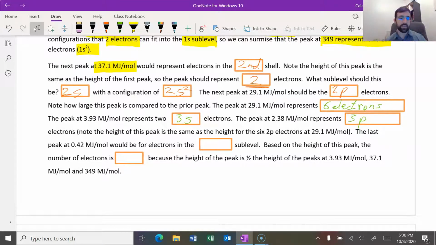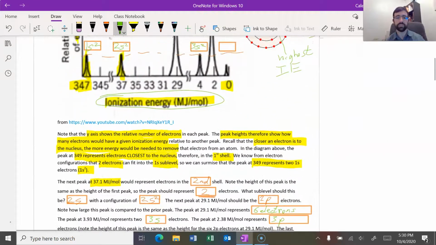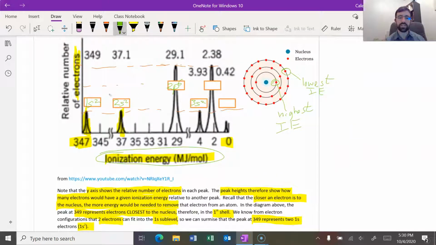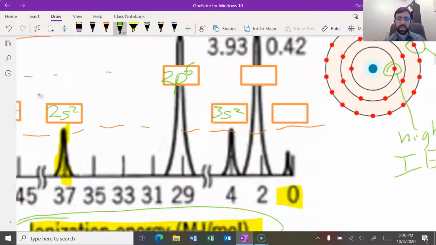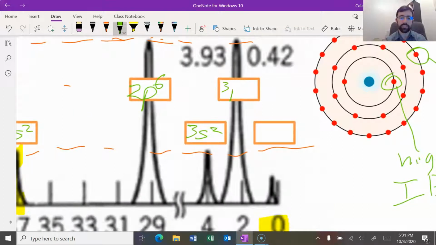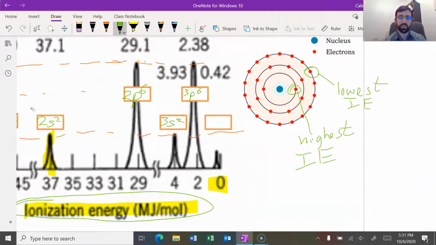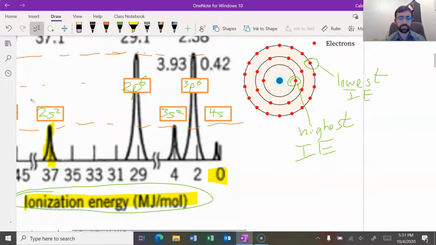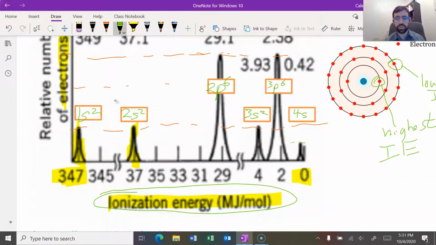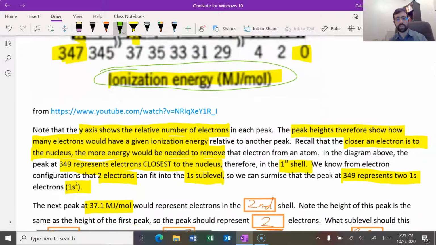The last peak would be for electrons in the 4s sublevel. So let's fill in what we've got so far. That 3p, same height as 2p6, so this is 3p6. And then this is 4s, like we just said, but notice the height of it. It looks like this is shorter than anything else, and it's about half the height of our first 2 and our 4th peaks.